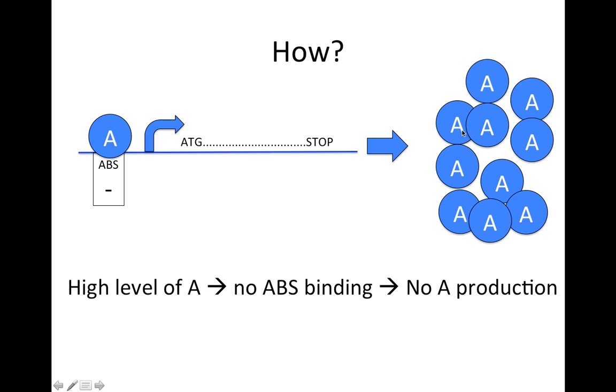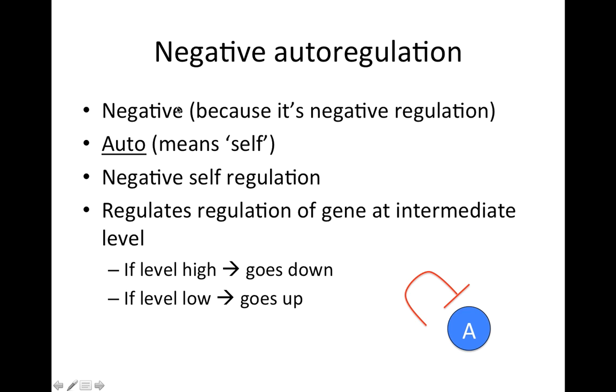So we'll be doing a lot with this kind of stuff, but there's the first introduction. We call this negative autoregulation. Negative because it's a negative relationship, and auto means self, so negative self-regulation.